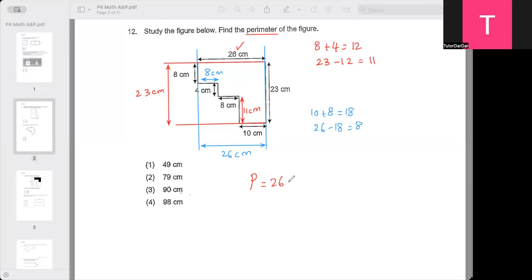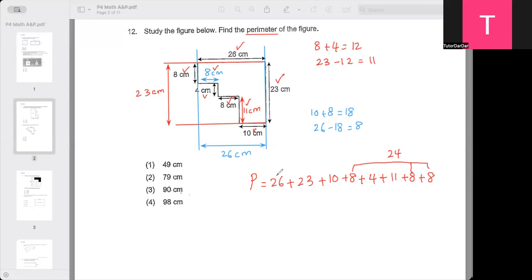I will write 26 plus 23 plus, you have this 10 plus, you have 8 plus, you have 4 here plus, and we haven't done this 11 plus, we have this 8 plus this 8. How many 8s do we see? We have three 8s. So this is going to be 24.